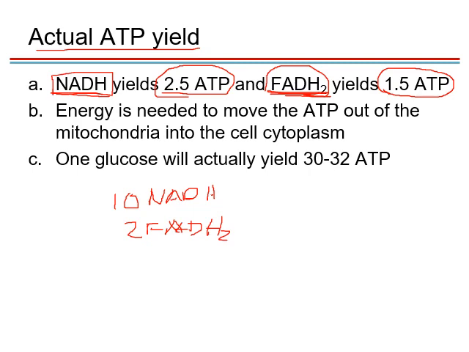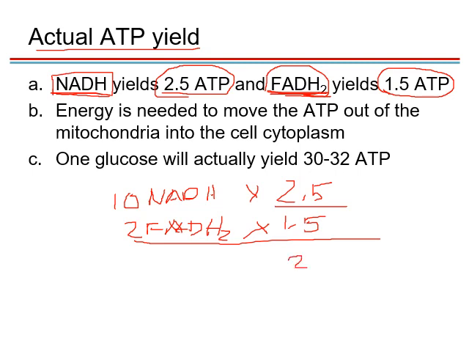Okay. So times this by 2.5 ATP, times this by 1.5, and what's that end you up with? 10 times 2.5, 25, plus 2 times 1.5 is 3, so we'd end up with 28 ATP.